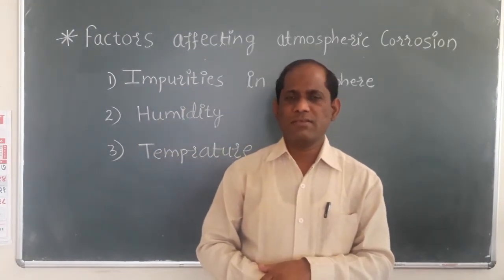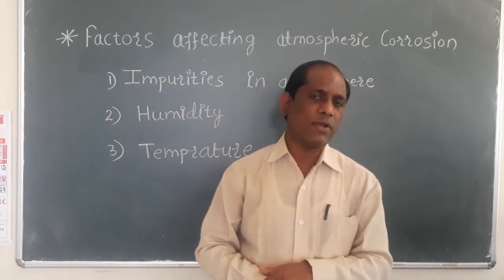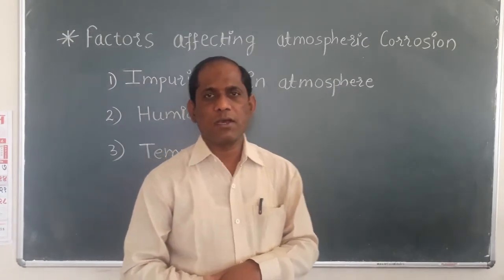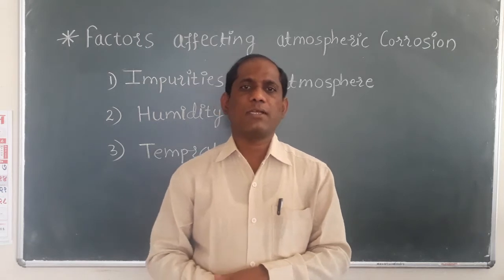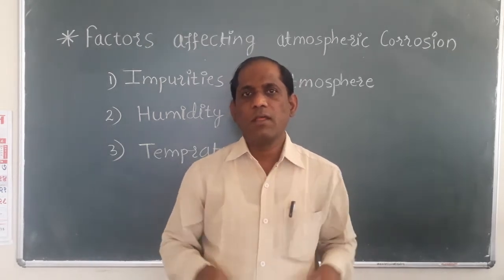It is a very easy definition, and we studied it in one of the previous video lectures also. Atmospheric corrosion is defined as the corrosion that takes place due to attack of atmospheric gases on the surface of the metal.